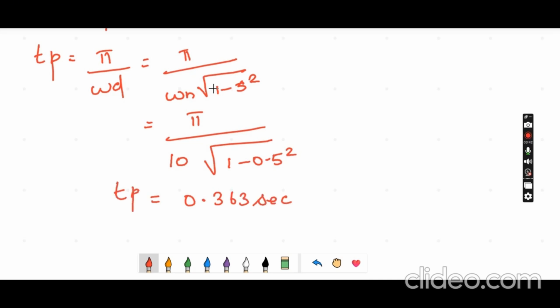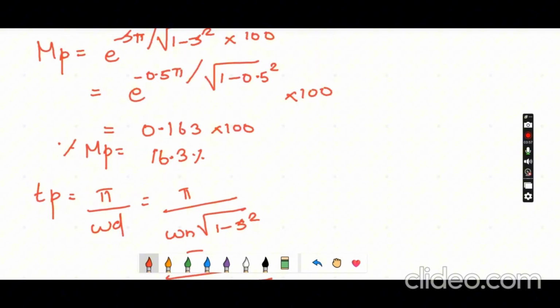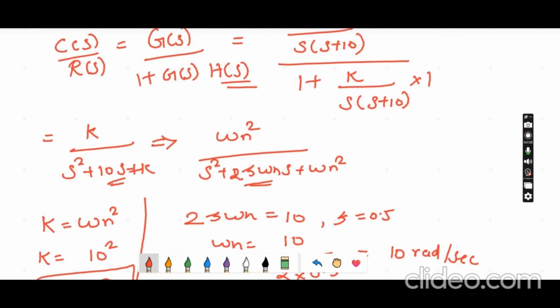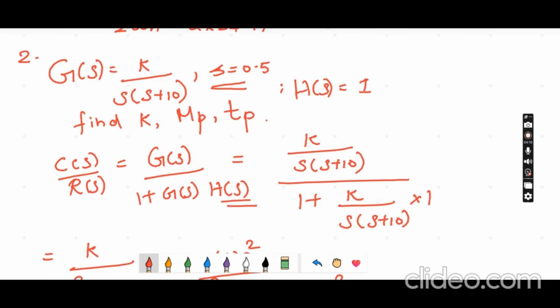This is the value of Tp. So we have obtained Tp also. Percentage of Mp is 16.3 and K is 100. For this given transfer function and zeta value, we have obtained the other parameters required.